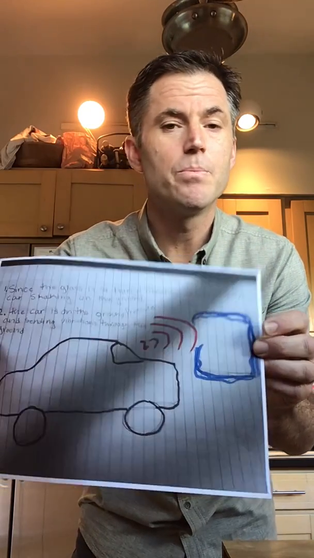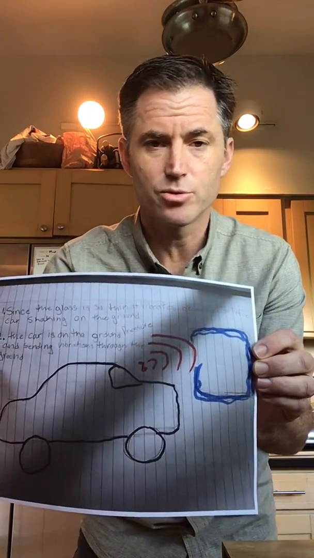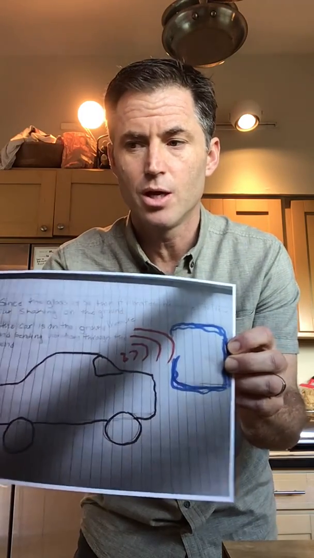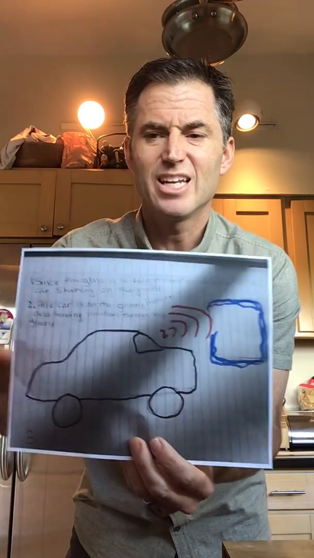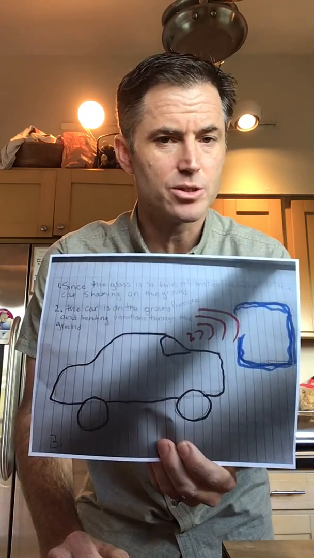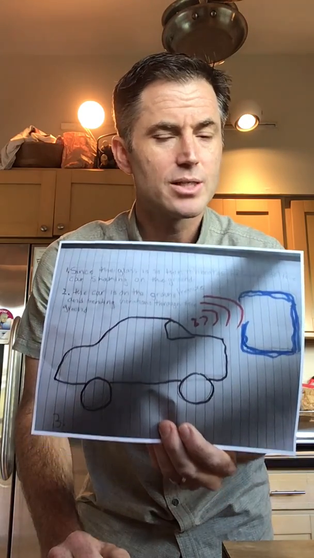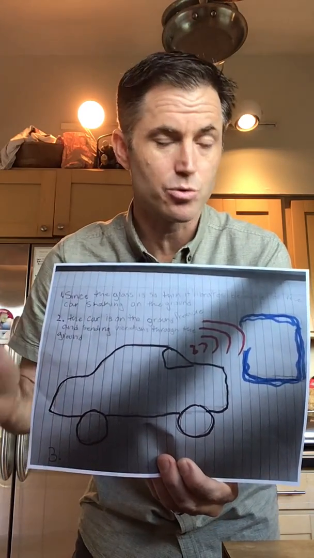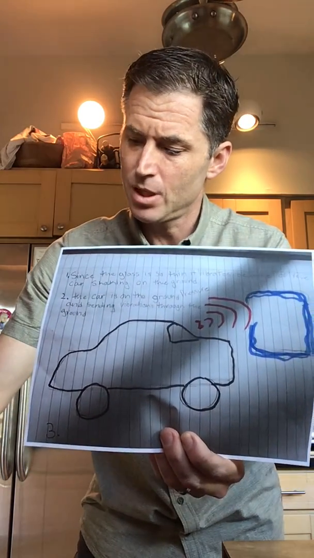I am posting on Google Classroom a website that I'd like you to go look at, and it shows a moving image of what is happening when there is sound moving through a medium. So what I'd like you to do is look at this simulation.